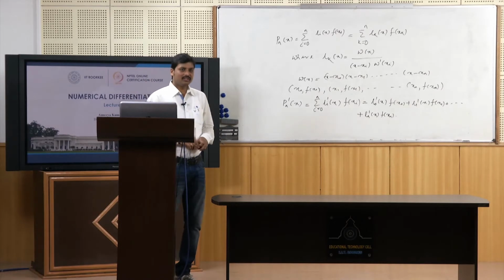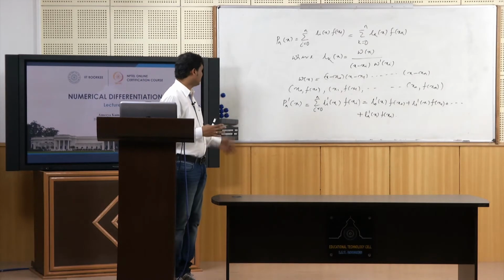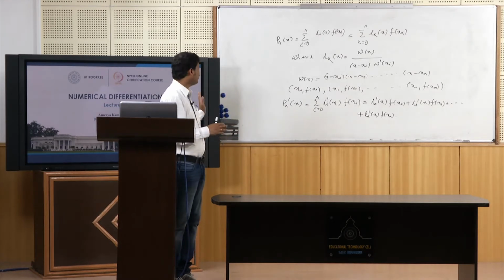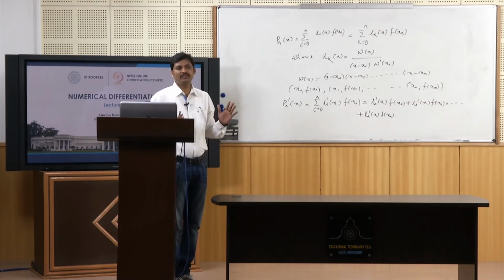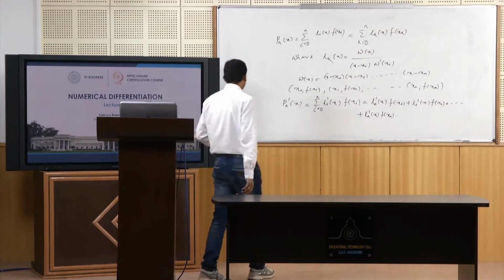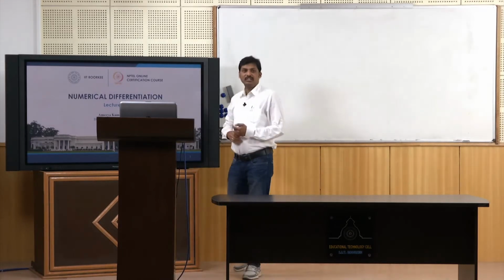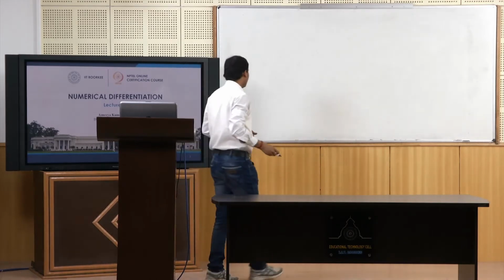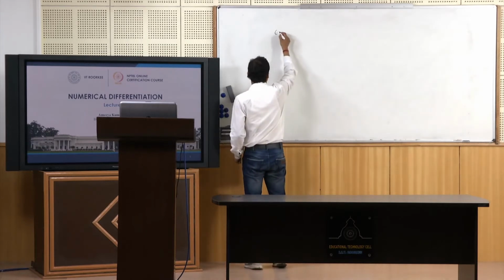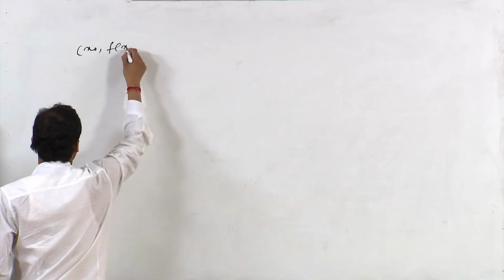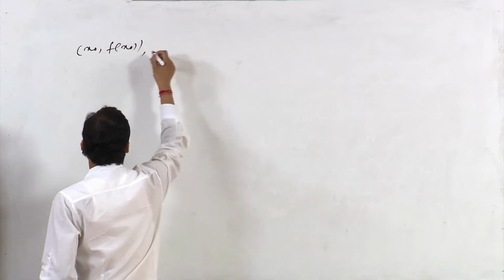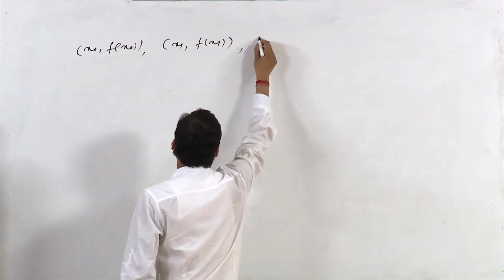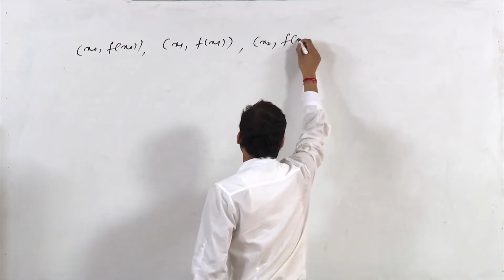So, suppose first we consider a Lagrange polynomial which uses 3 points, since if we consider n points at a time it is difficult to understand. So, first we consider 3 points. Assume that the function goes through 3 points defined in the form x0, f(x0), x1, f(x1), x2, f(x2).